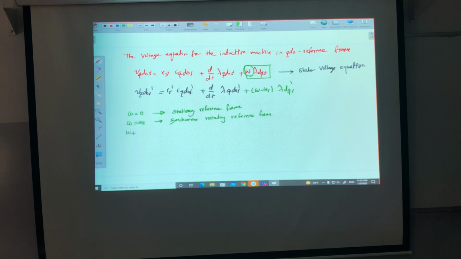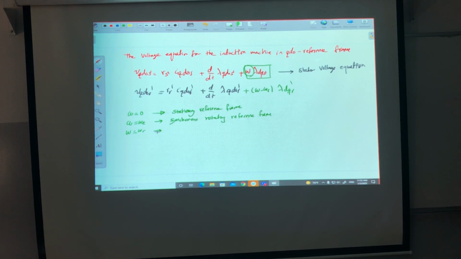And if omega is equal to omega r, rotor rotating reference frame. So simply this means that the frame is attached to what? To the rotor, and it's rotated by what? By the rotor speed.